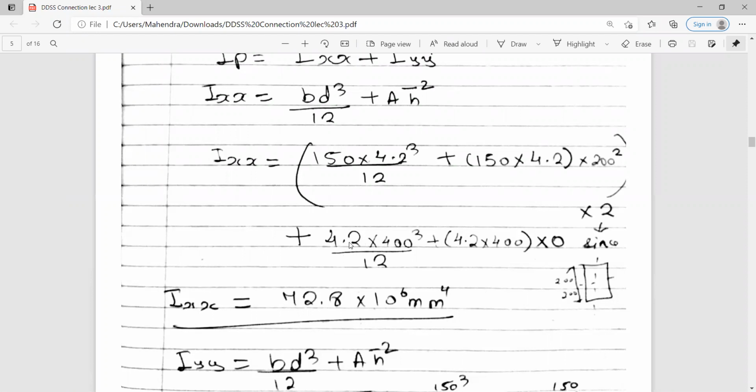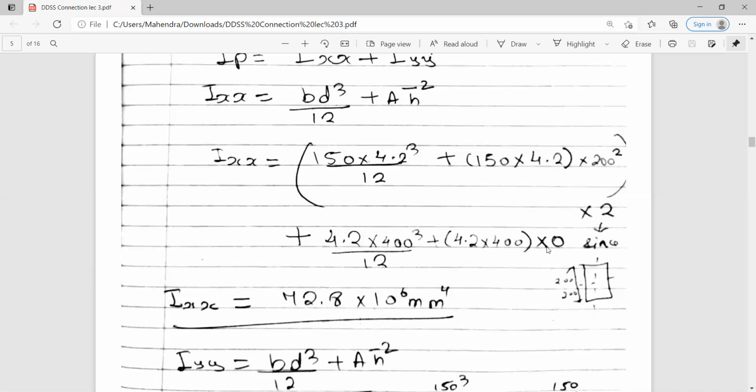Then for the next connection, that is the vertical connection, आप क्या ले रहे हो again? BD cube by 12. So B, you are going to consider it as 4.2, that is nothing but the throat thickness. D is your 400 cube by 12 plus A1 into H1, as you are going to consider with respect to XX axis.